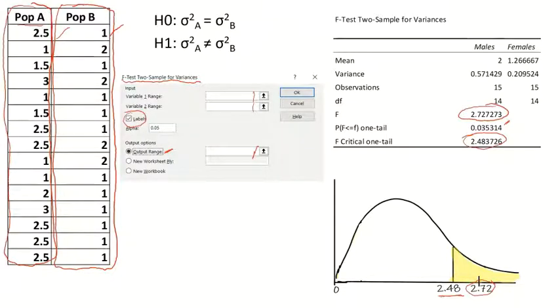Okay? Our decision, therefore, is to reject our null hypothesis. Therefore, there is a significant difference between the population variances of population A and B. And what's the significance? If we look at the p-value, it's highly significant. Okay, this is a statistically highly significant decision, meaning to say we can trust our decision.